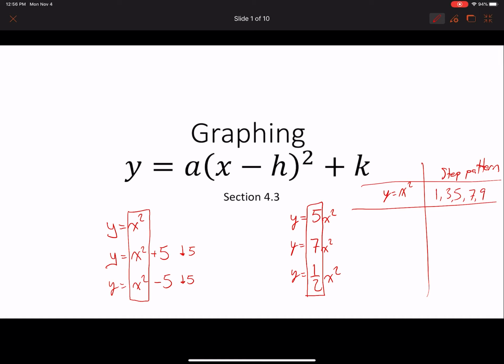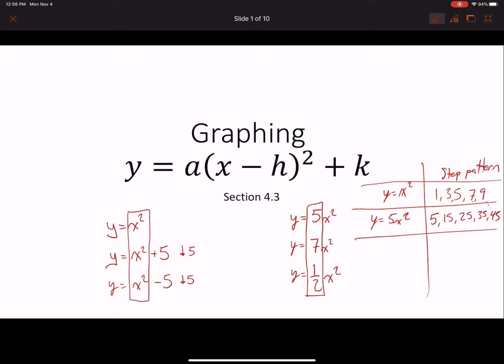When we had y equals 5x squared, all the steps in our step pattern increased by 5. So instead of 1, we would have 1 times 5. Our first step would be 5 units, then 15, then 5 times 5, which is 25, then 7 times 5, which is 35, then 9 times 5, which is 45.